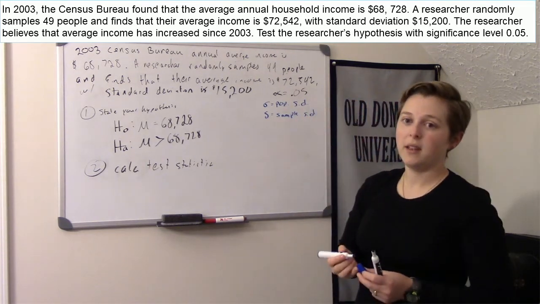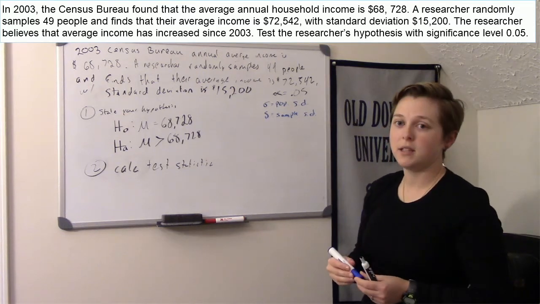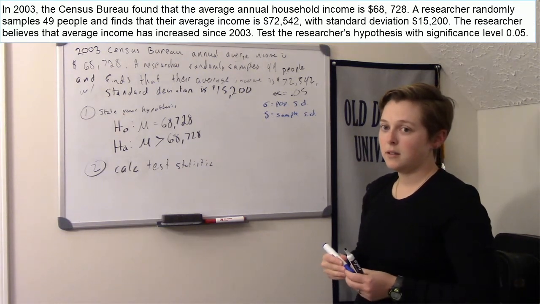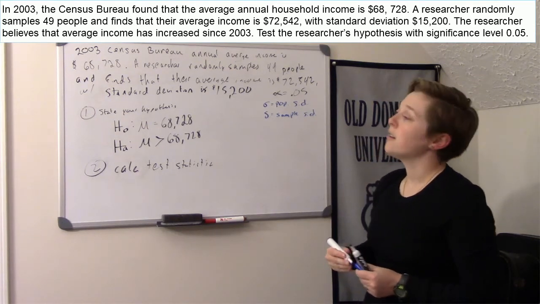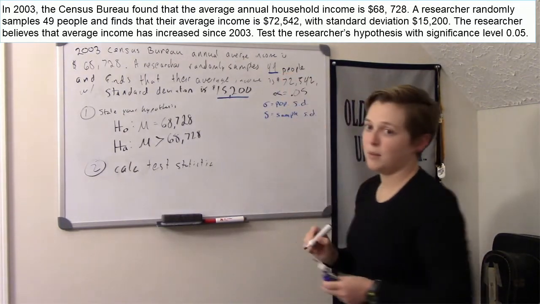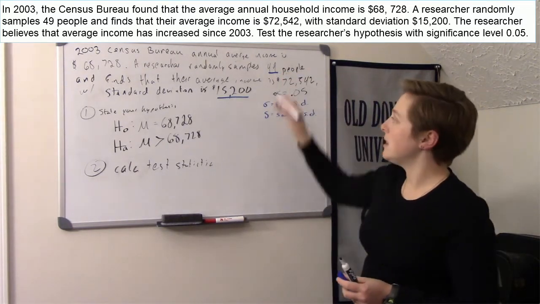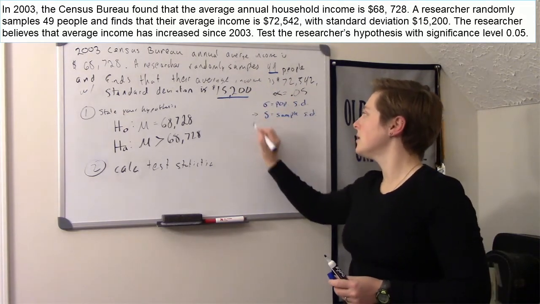Which do I have? The sample standard deviation. Why do you say that? That's true. Because you have the standard deviation of the 49 people, not of the Census Bureau. Very good. So this is the standard deviation of my 49 people, so it's a standard deviation of the sample.